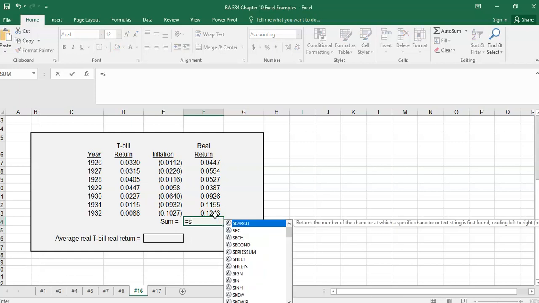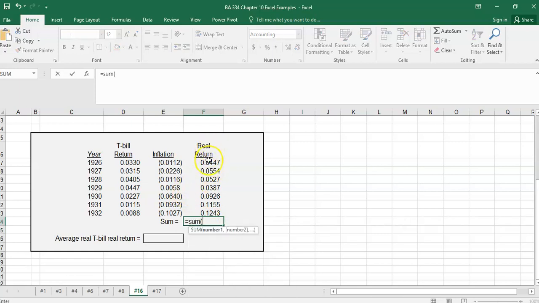We add the sum of those formulas, and then we average. So the total sum divided by the number of years. So 1, 2, 3, 4, 5, 6, 7, 7 years.